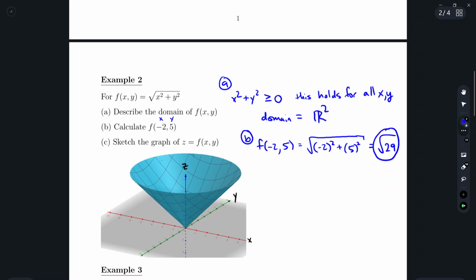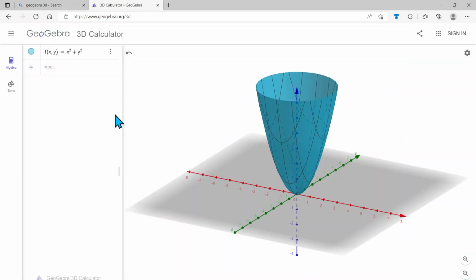Okay, so even though the picture is here, let me go into GeoGebra and enter the new function so we can see what it looks like. So square root, I type it as sqrt, and then inside the square root, I have x squared, and here the cursor is in the exponent, so I have to get out of the exponent.